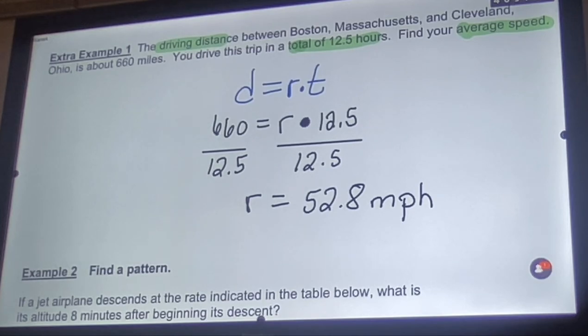So it doesn't seem like you're going that fast, but you figure not everything is on a highway when you're driving. And once you get off the highway, the speed does change. So that's your average speed for the whole trip. And some of you might have a vehicle that actually shows you what your average speed was for the trip as well. Some of them calculate that on the little digital dashboard.